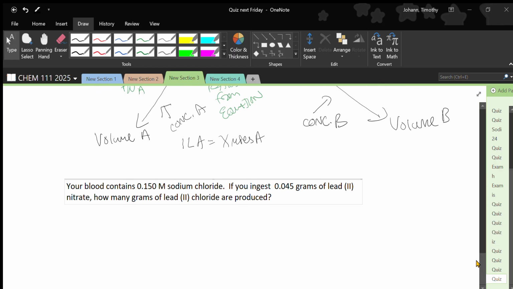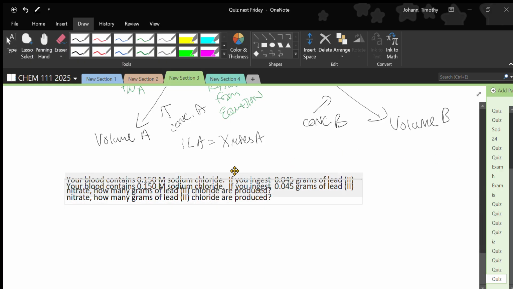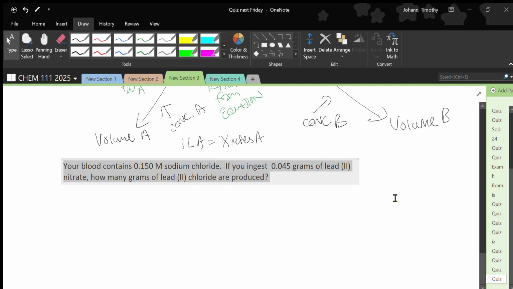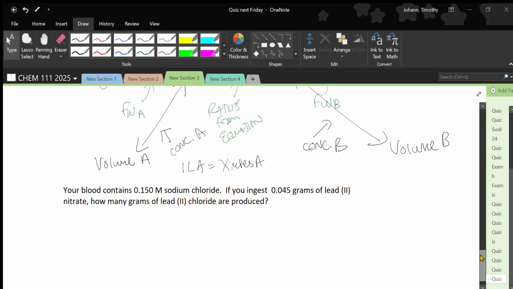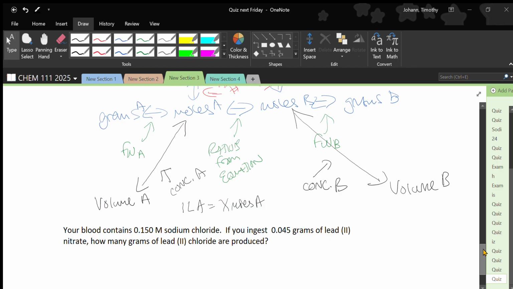Okay? So we're going to use this equation we have above. Let's go ahead and write that out. Sodium chloride, what's the formula for that? NaCl, right? And that's aqueous. And then we have lead 2 nitrate. So Pb, it's 2.